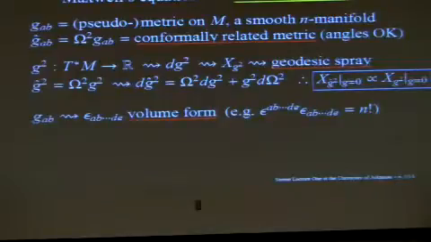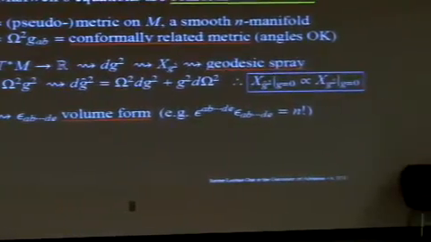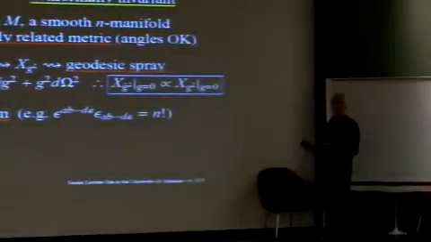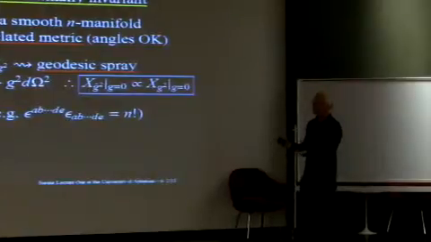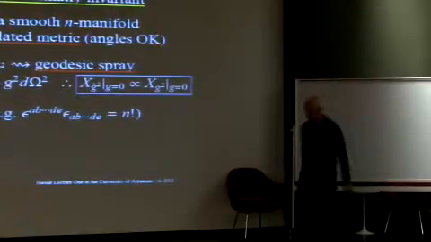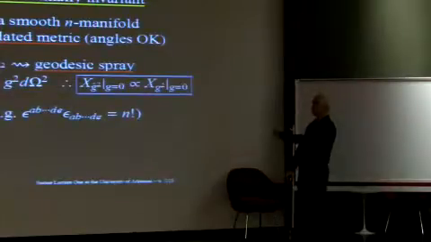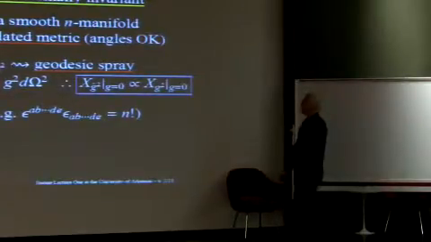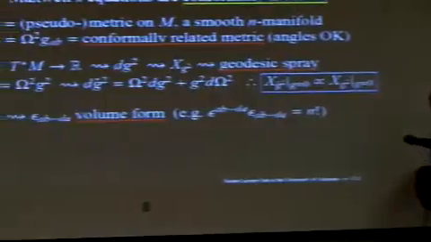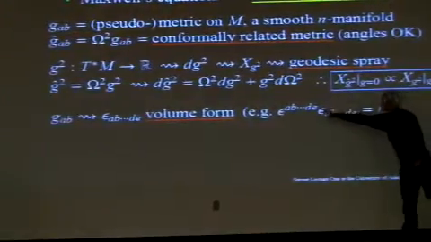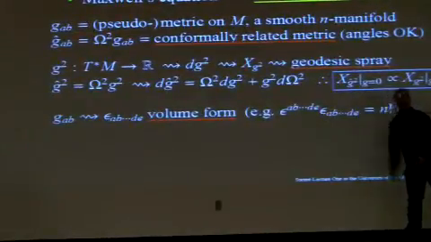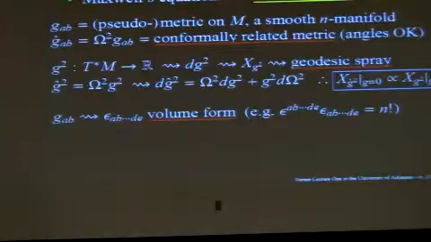Okay, and then you ask, how does this volume form change if you change the metric? Many of these questions in conformal differential geometry are sort of operational questions. You write something down, which makes perfect sense in the Riemannian setting. You change the metric and you see what happens. So let's do that here. And you can easily check that this thing here, the one with its indices up, scales.